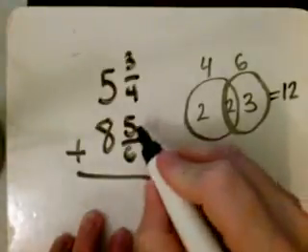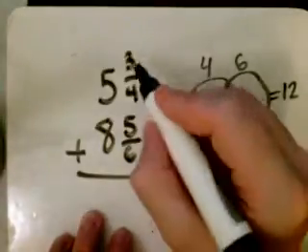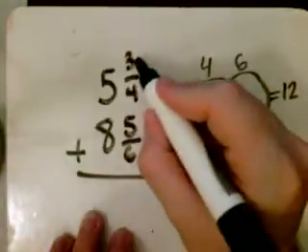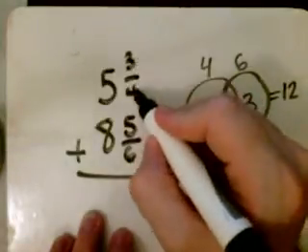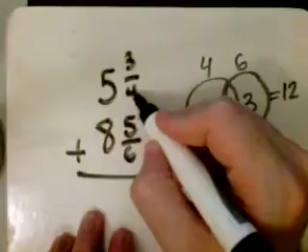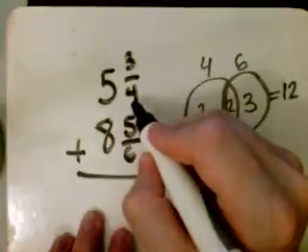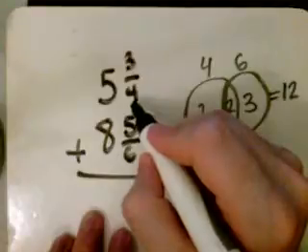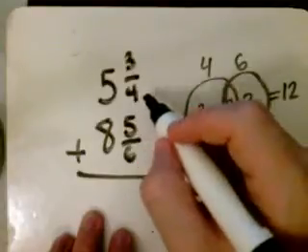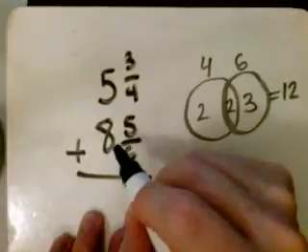So what I have to do next is use equivalent fractions. So with the 3/4, I want to get the denominator to be 12. So I can multiply the denominator by any number I want except for 0, and whatever I do to the top, I have to do to the bottom.